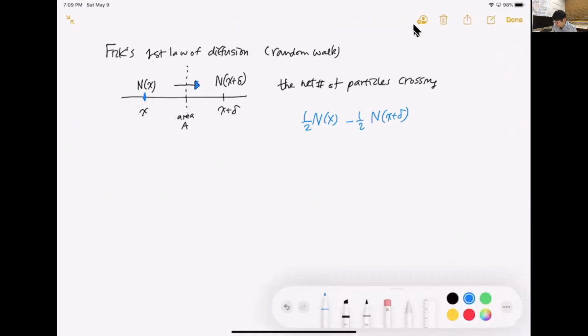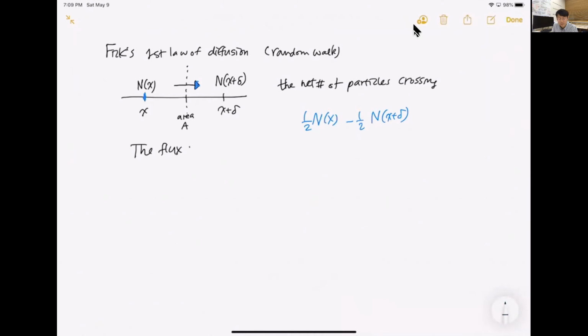Then let's calculate the flux. The flux, by definition, is the number of particles crossing per unit area per unit time. So the flux in the X direction, Jx, will be this number, 1/2 (nx minus nx plus delta), divided by area and by unit time tau.